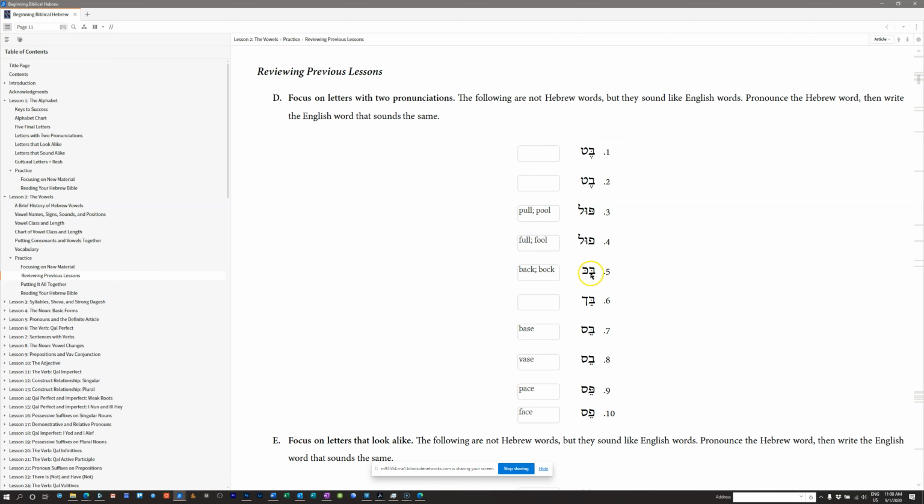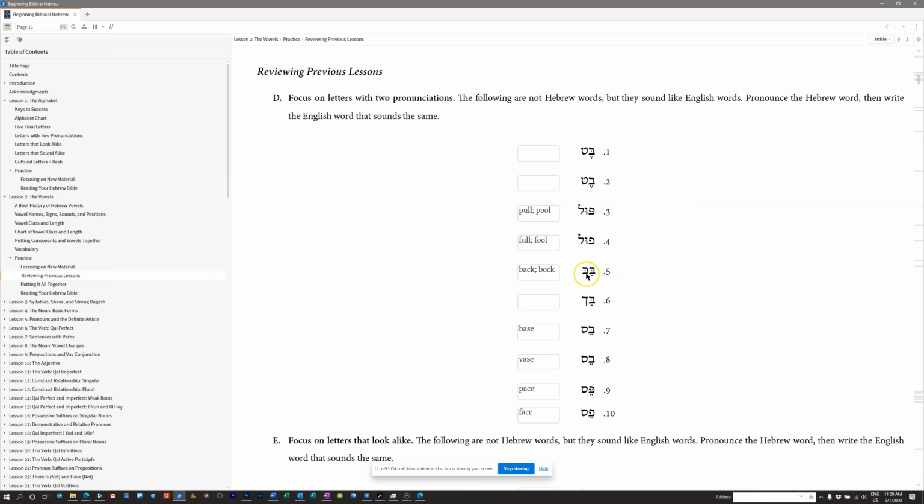All right, 5 and 6, we've got the same beginning letter. What happens here, the difference, and this is really a bad example because you're never going to have this weak dagesh, I don't think, at the end of a word. And so this is just a bad example.